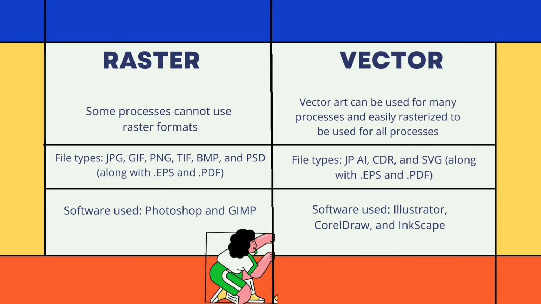The raster file types are JPG, GIF, PNG, TIF, BMP, and PSD, while vector is AI, CDR, and SVG. Software used in raster is Photoshop and GIMP, while the vector is Illustrator, CorelDRAW, and Inkscape.